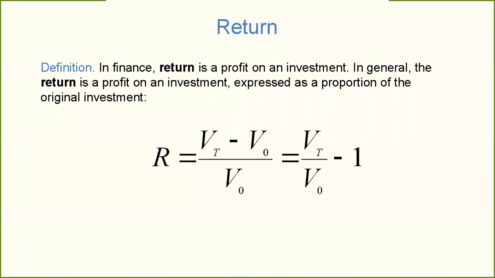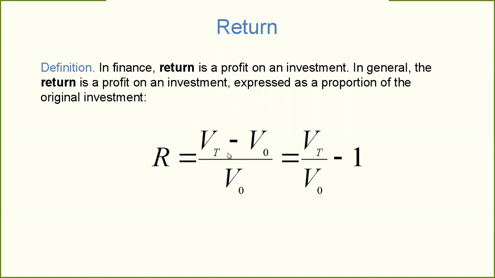At the previous lecture, we already discussed a problem connected with a profit and investment. As you remember, some person had $20 at the beginning period and $21 at the end of the period, and profit will be the difference between VT and V0.